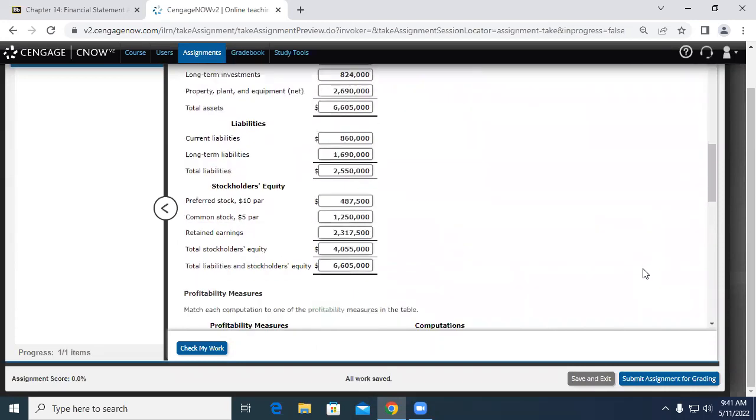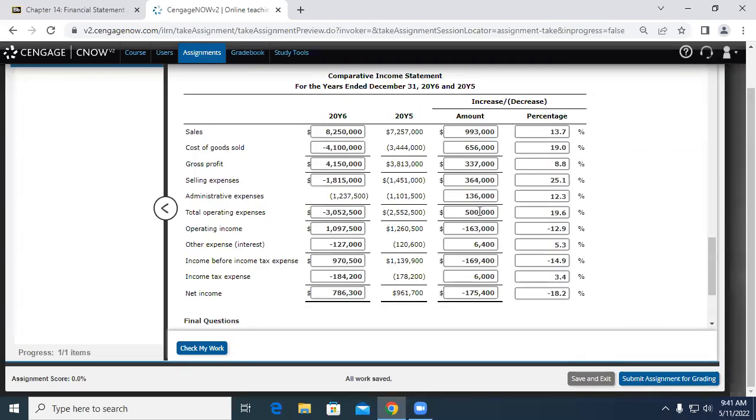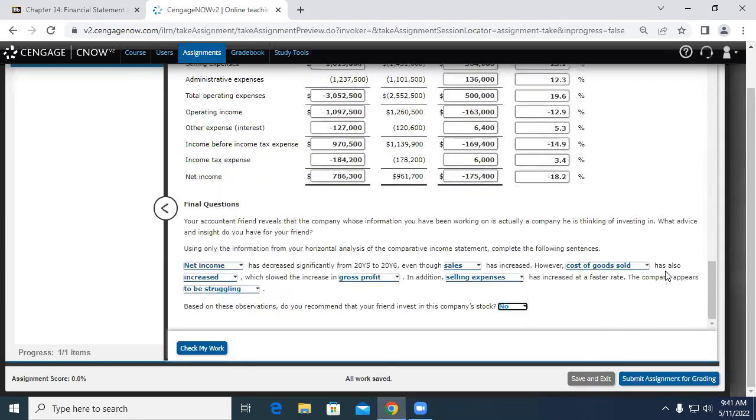To look at only this comparative or horizontal analysis of the income statement might be misleading. Now, we answered the questions as we were told, looking only at that information, but I just want you to recognize that's not the only information that's out there, and it's not the only information that's relevant for this decision.